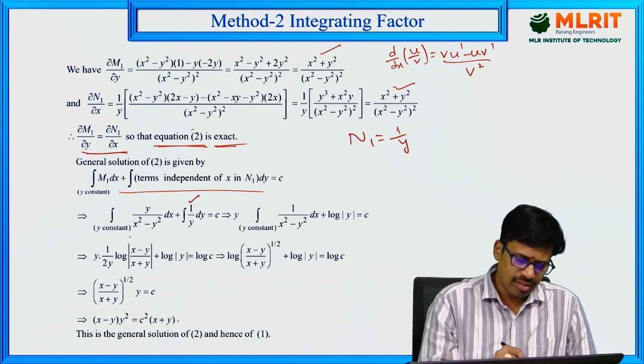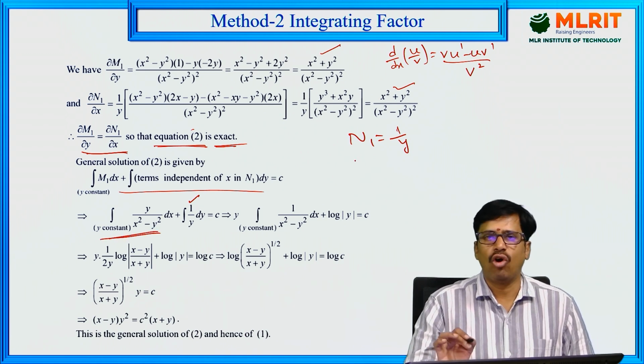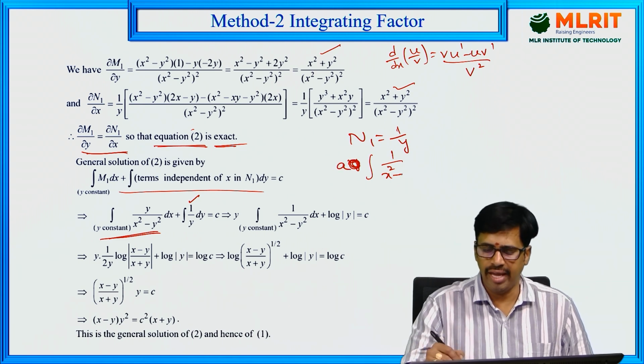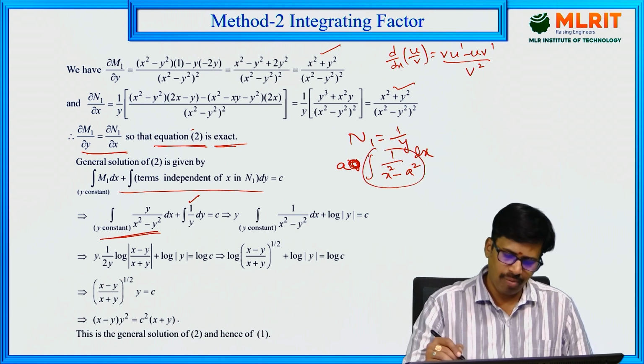Now I want this integration. Here y is constant, so take it outside. Integration of 1 by (x square minus y square). If you are confused, let us write a in place of y: integration of 1 by (x square minus a square) dx. So what is the formula for 1 by (x square minus a square)? 1 by 2a log mod (x minus a) by (x plus a), right?